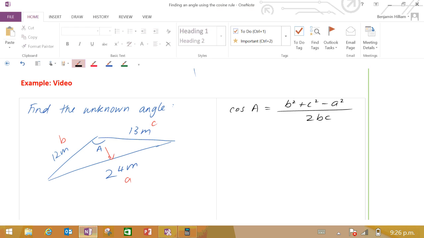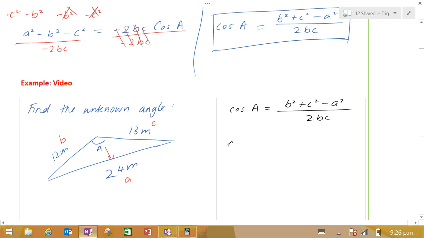Now I'm going to put in the numbers that I have for each of those. So cos A, that's the angle I'm looking for. b is 12, c is 13, and a is 24. And on the bottom we're going to have 2 times 12 times 13.